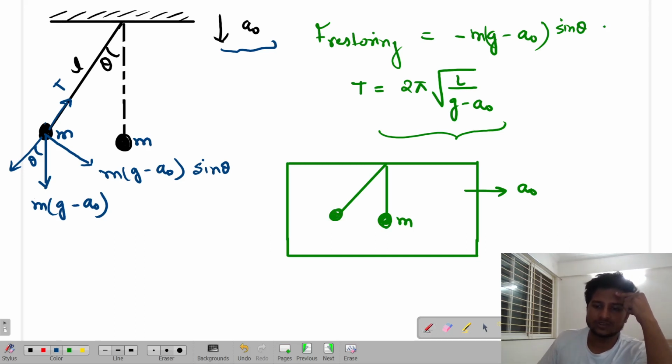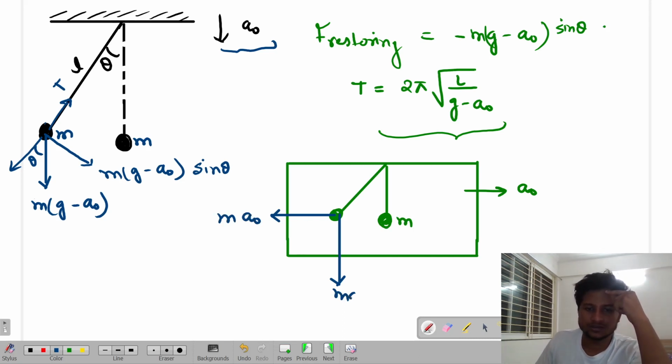Now look over here. mg works downwards, but the pseudo force is this time in this direction or not? m a naught. This is mg. So the net balancing force is what? Let's suppose this is at angle theta, this is also at angle theta.